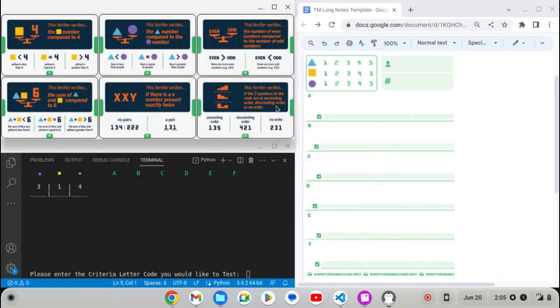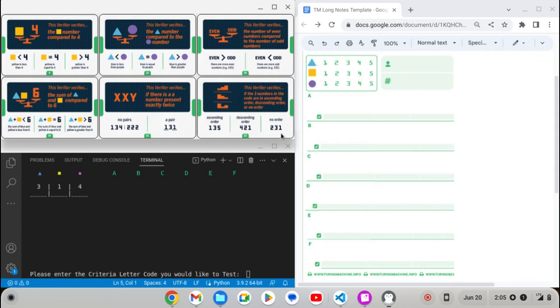Or do they have no order, meaning that it could be something similar to 231? Now, why does that have no order? Well, if you notice, it first starts off at 2, increases to 3, and then it decreases and goes down to 1.